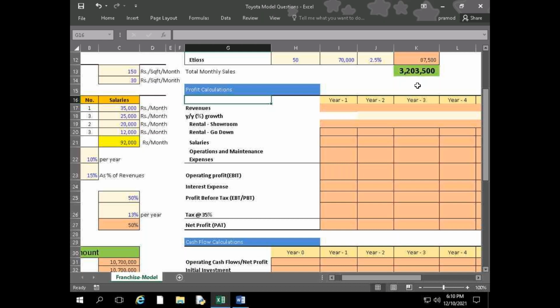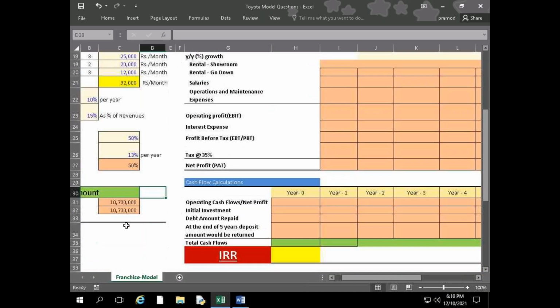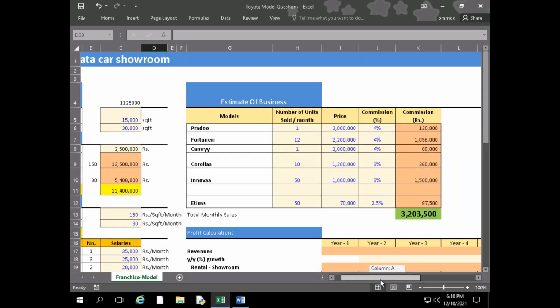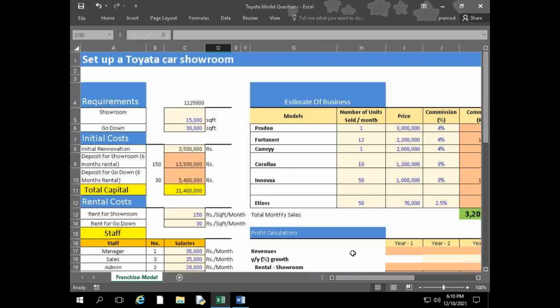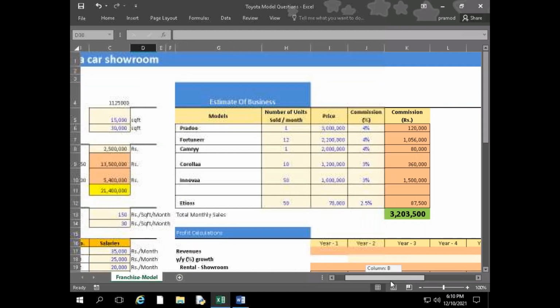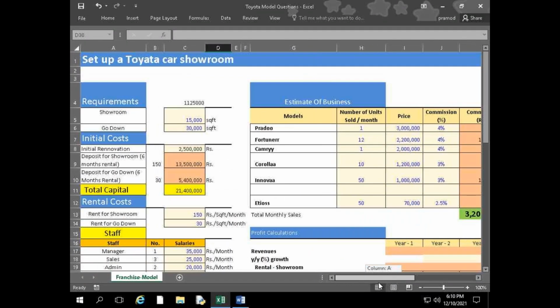So now we have to do the profit calculation, sir. Revenues. Debt for 5 years is there, no, sir?